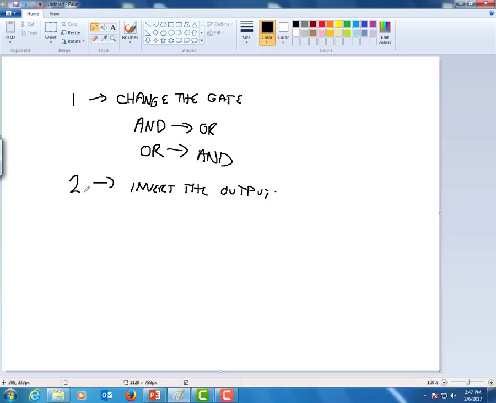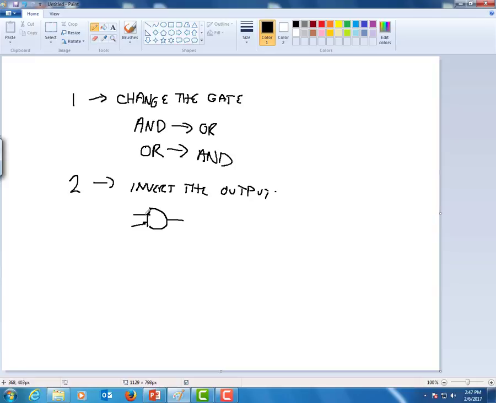So suppose you have a gate like this. It's an AND gate with 2 inputs. Nothing's inverted, just 2 inputs. If you're going to rewrite this, since this is not inverted, now your output's going to be inverted.